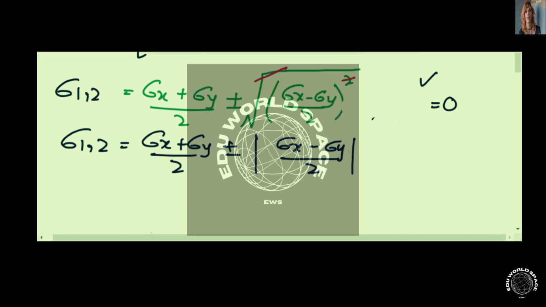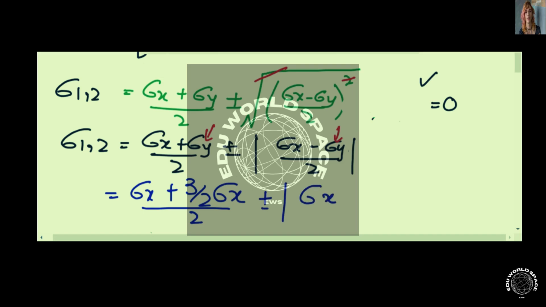Now what we are going to do next from here is plug in the relationship that was given to us of sigma sub y. So we are going to plug it back over here. So we have sigma sub x plus 3 by 2 sigma sub x divided by 2 plus minus sigma sub x negative 3 by 2 sigma sub x divided by 2.